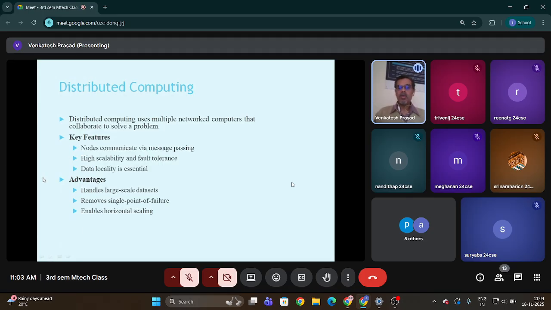So if one node is down or there's some issue with one node, or some process gets stuck in one node and so on, the other processes will be able to run, or they can even build a standby system. That is part of fault tolerance. So they'll build fault tolerance systems to handle all the failures. And here data locality is essential. Essentially the data will be local, and it will use the local resources on that particular server.